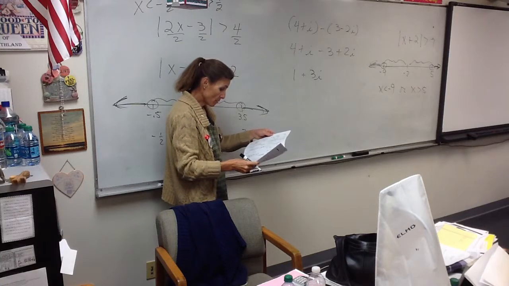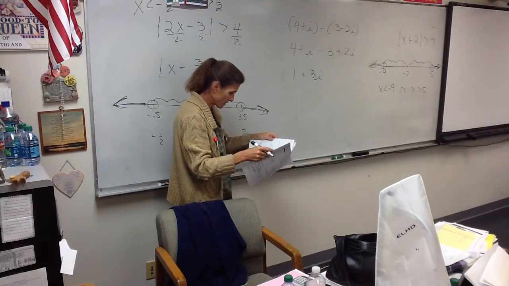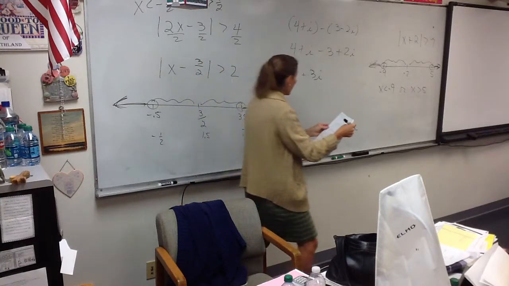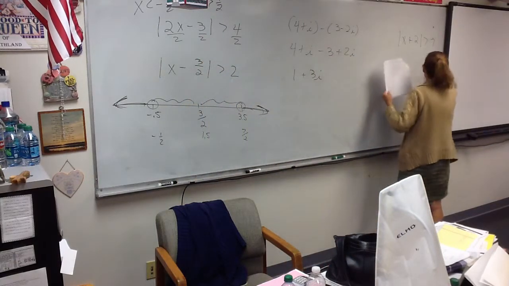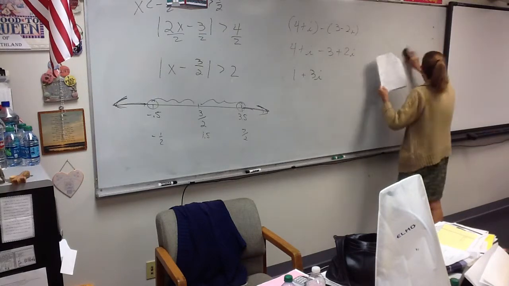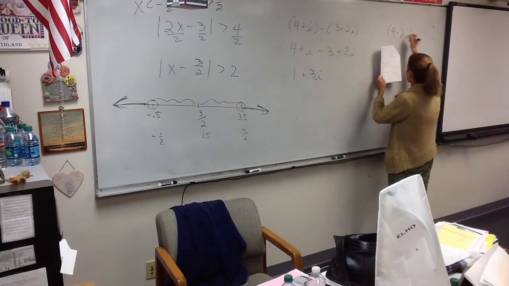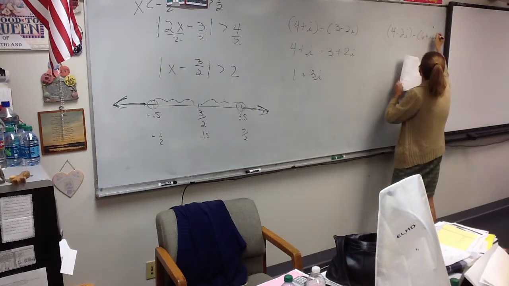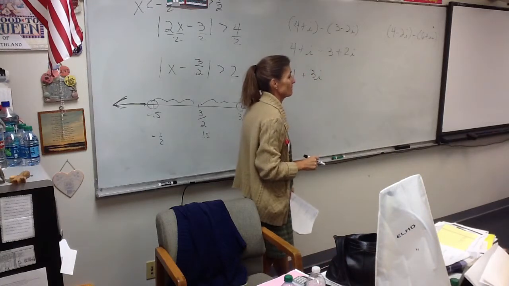So if I looked at practice test 2, which is tonight's homework, the corresponding problem is 4a. Don't you love this switching back and forth? Sorry about that. 4a is this. It's exactly the same scenario, isn't it?